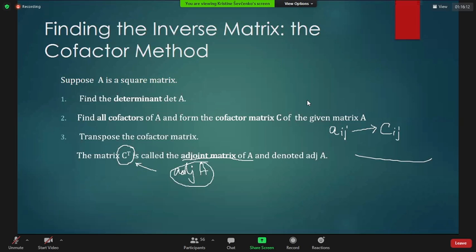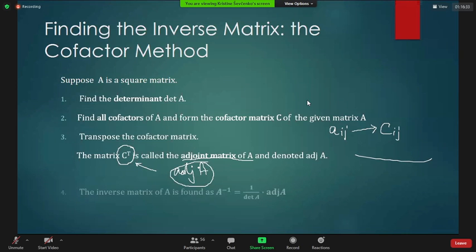The name itself already tells us that this matrix is somehow joined to the matrix A. It's connected to A. Of course it is, because we found the cofactors, and the matrix actually consists of cofactors.